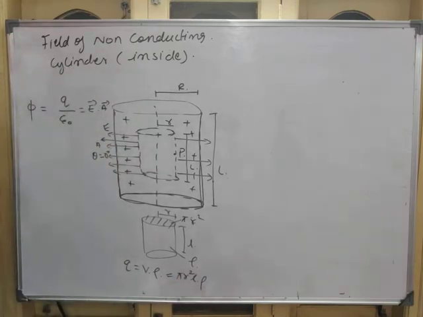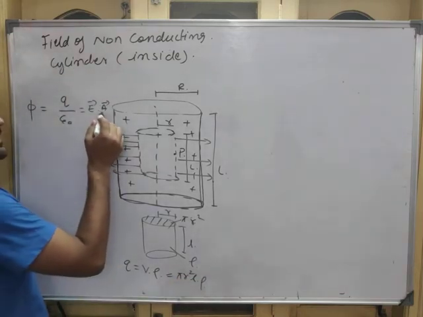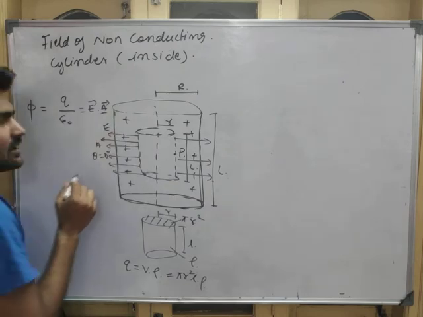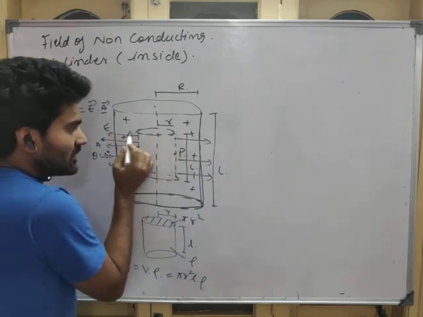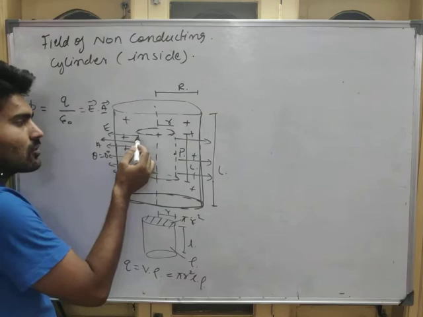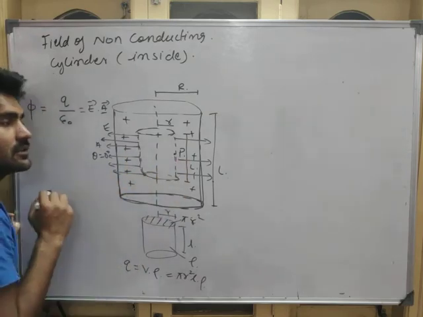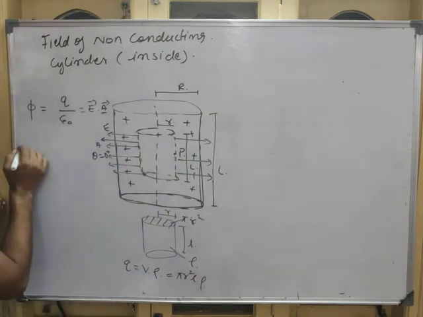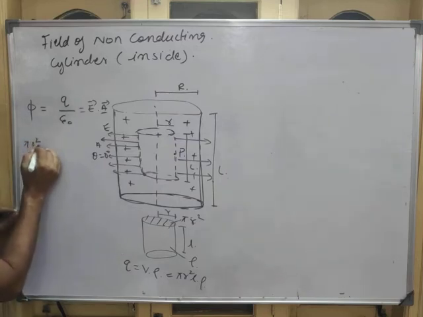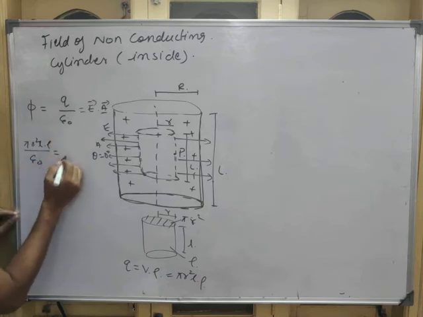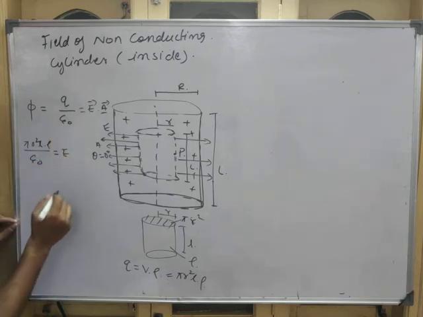Okay, now the area, we have to take this small cylinder. Why? Because the flux is leaking out of this surface only, right? So now we will see Q is pi r square L into rho by epsilon, equal to E, which we have to find, times A. A is how much?